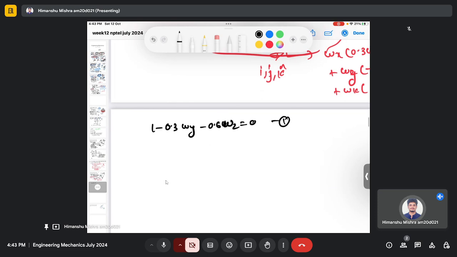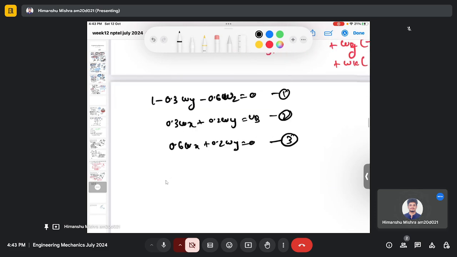This is equation 1. 0.3 omega x plus 0.2 omega y equals VB. This is in the j direction. 0.6 omega x 0.2 omega y equals 0. This is in the z direction, k. So these are the three equations, right?